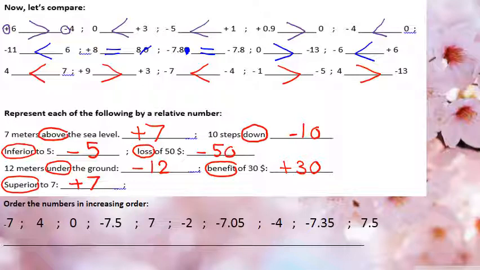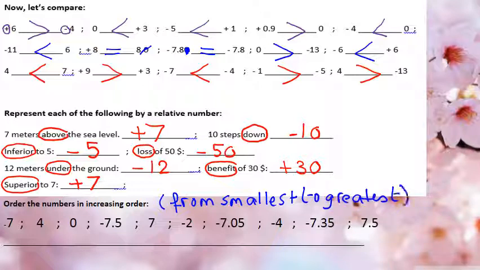Now we should order the numbers in increasing order. Increasing order means from smallest to greatest. Now the smallest are the negatives: minus 7, minus 7.5, minus 2, minus 7.05, minus 4, minus 7.35.